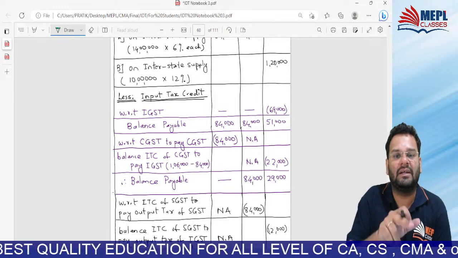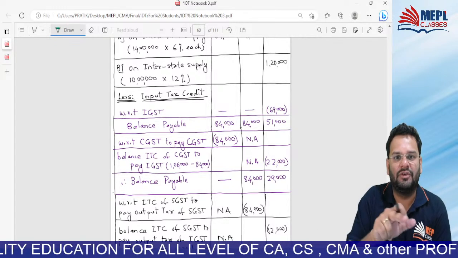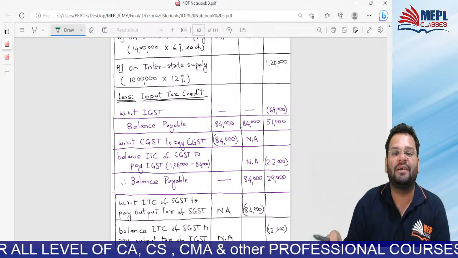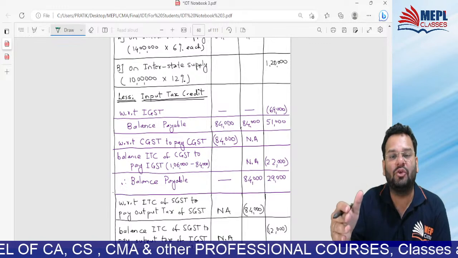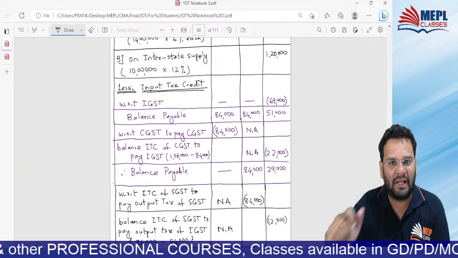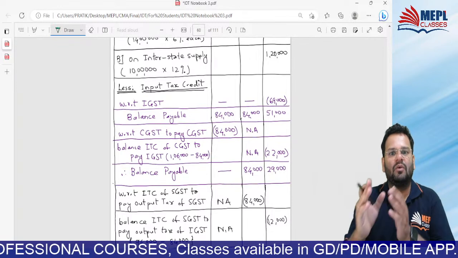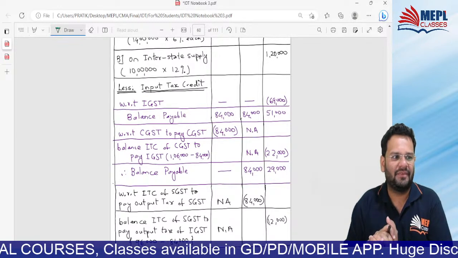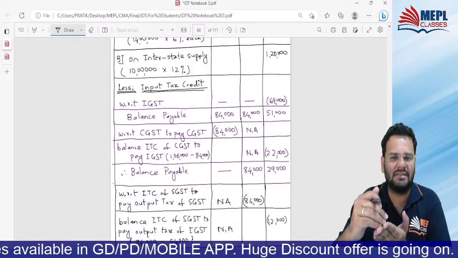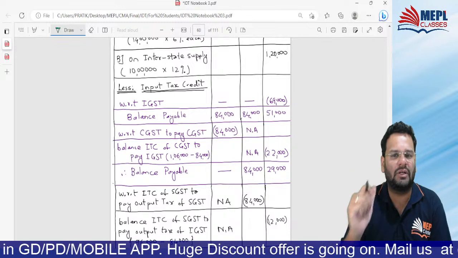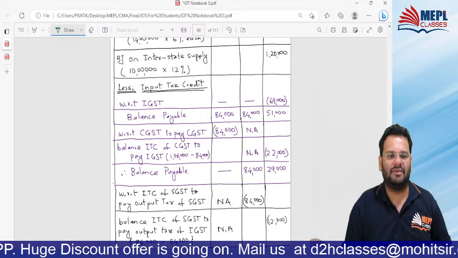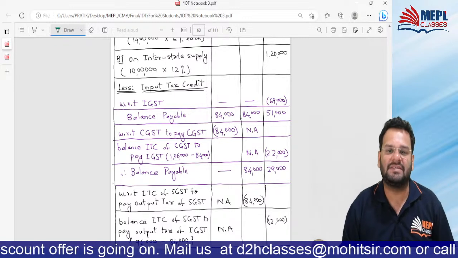Then you have touched ITC of CGST, which you used first to pay output tax of CGST, and balance to pay output tax of IGST, because your total ITC of CGST was 1,06,000. From that, you utilized 84,000 to pay output tax of CGST and balance to pay output tax of IGST.